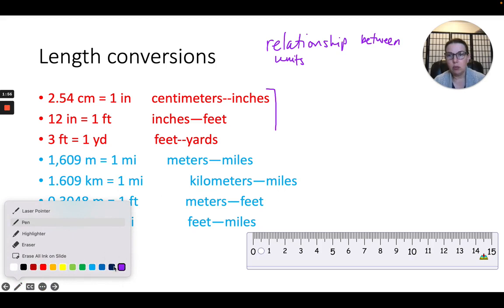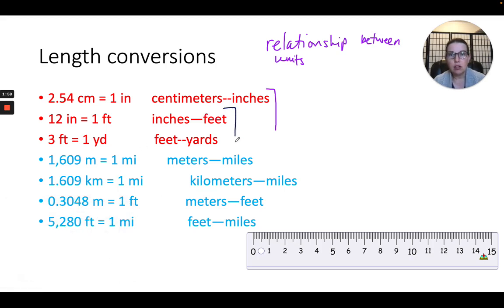Okay, let's do black. So these ones right here are within the US customary system. And then this one up here, and then all the rest of them kind of are the bridge between the US customary system and the metric system.